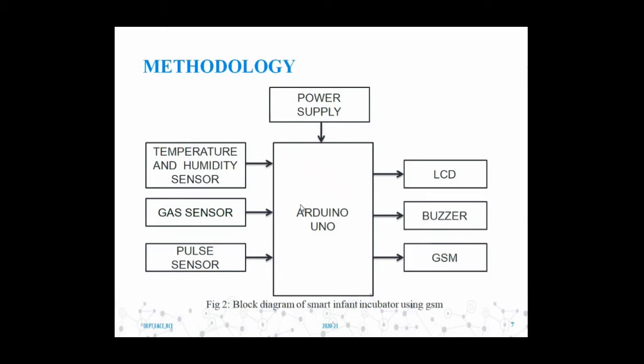This sensor data is stored in the Arduino Uno microcontroller and gets processed. It needs a power supply of 5 volts. Automatically, the LCD displays the sensor data, and additional support like a buzzer gets activated and gives an alarm using the GSM module when there is any danger in the incubator.